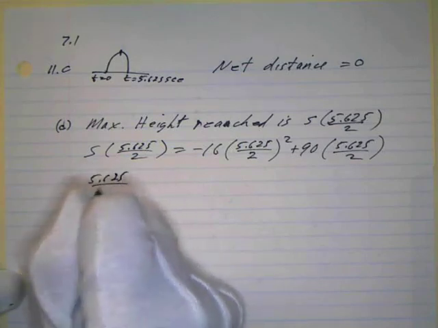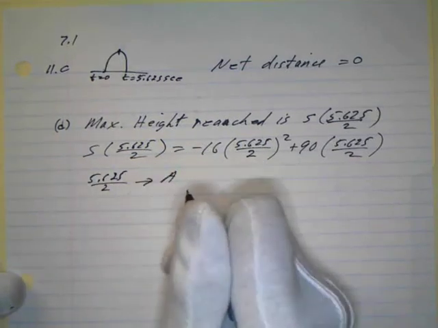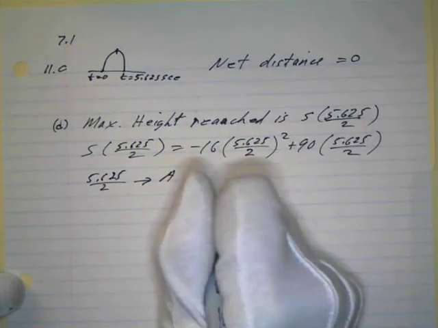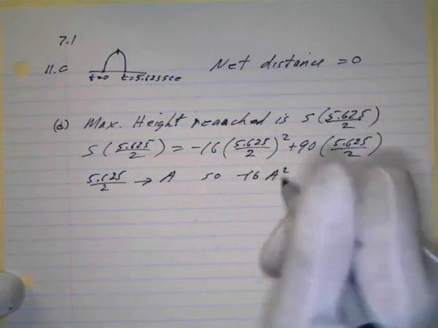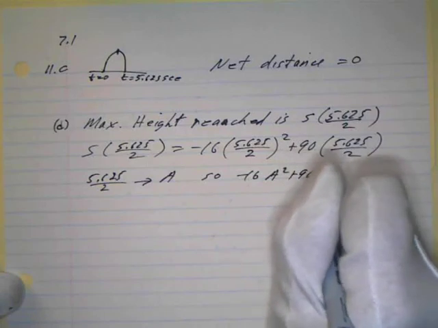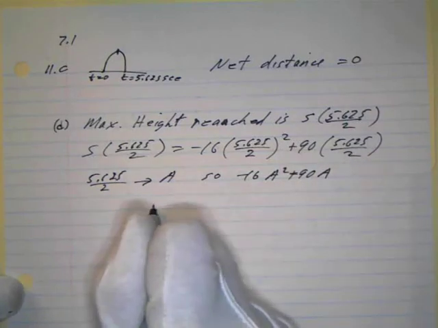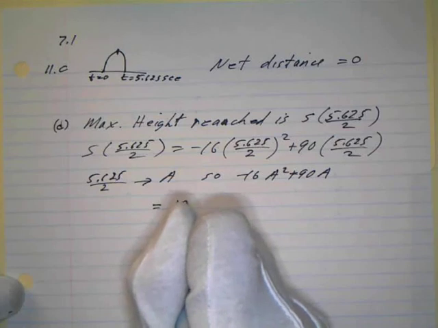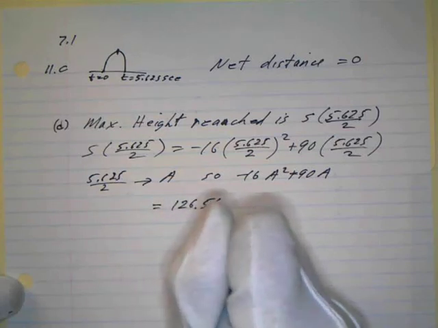And then I did this on the calculator, and what I did was I just set 5.625 divided by 2 and stored that in A, using alpha A. So then I just had to evaluate negative 16 A squared plus 90A. I did that on my calculator, and I end up with 126.5625.